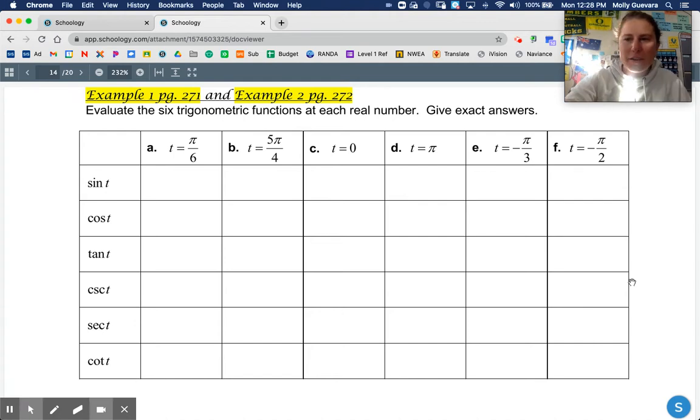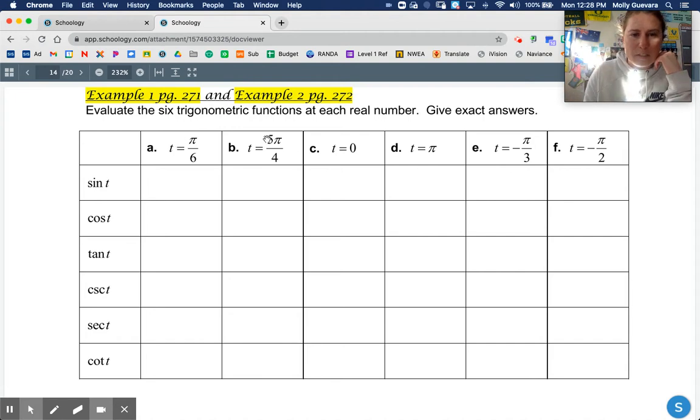Okay, so here we have this grid, and we're going to evaluate all 6 of those trig functions, sine, cosine, tangent, cosecant, secant, and cotangent, at each of these real numbers, at each of these radian values. So if you have that unit circle handy, that's awesome. If not, that's okay. But remember that the sine of t is just y.